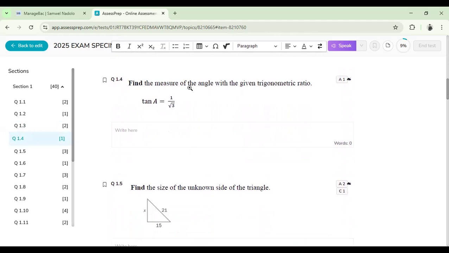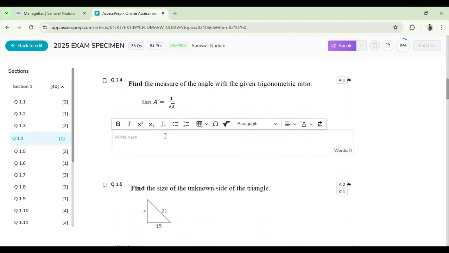1.4, find the measure of the angle with a given ratio. So tan A equals 1 divided by √3. Now you are going to either use a special triangle that we learned in trigonometry, or you are going to get your answer in your calculator directly.